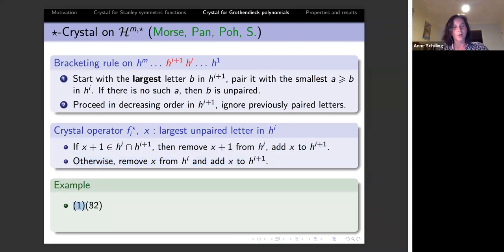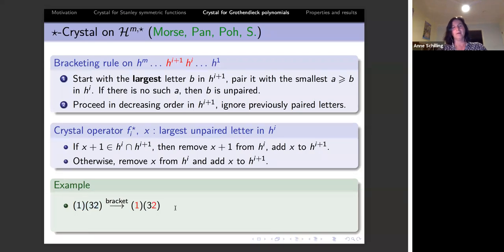So suppose we have this word, then we now start with the left factor that has only one letter, the 1, and we have to bracket it with something that's bigger or equal. And the smallest one that's bigger or equal. So we are going to bracket it with the 2. So I've now indicated this by the red things.